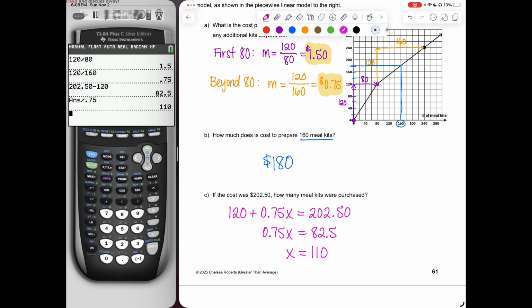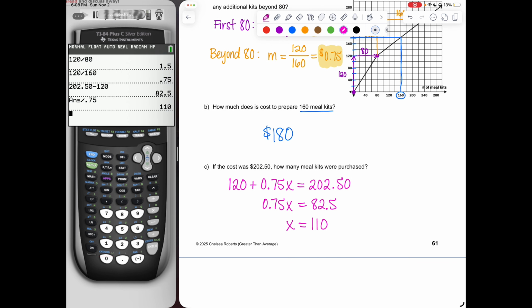Remember, we have to interpret this correctly. 120 represented the first 80 kits, and x represented the additional kits. So if we have 80 kits plus 110 additional kits, that gives us a total of 190 kits.